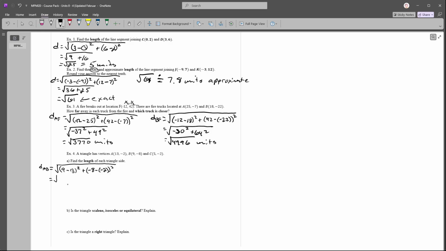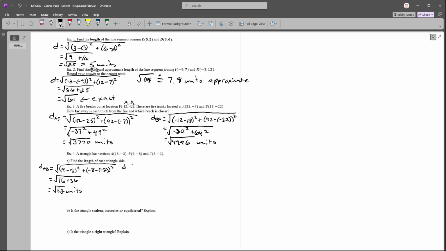So that's going to be -4 squared, which is going to give us 16. Now we're going to add on to that -8 minus -2. So -8 plus 2, that's -6 squared, which is 36. So 16 plus 36, we end up with the square root of 52 units. So that's the distance of AB.